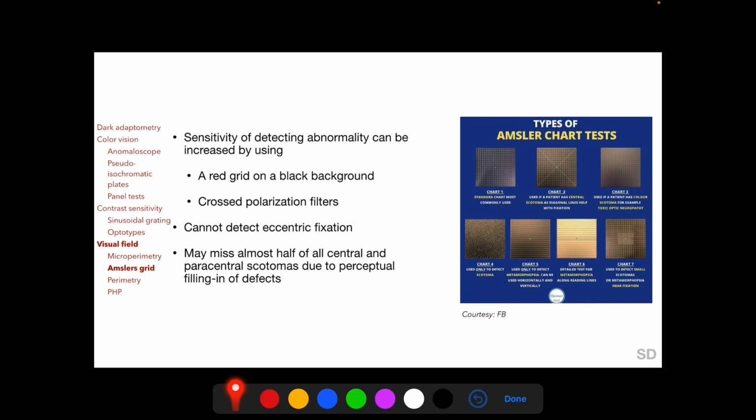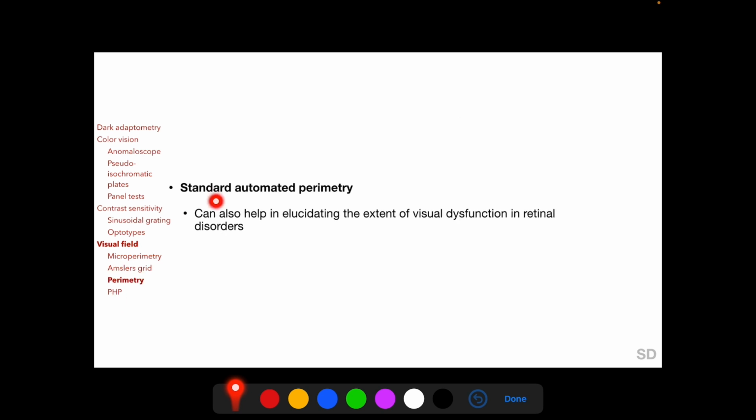Unlike microperimetry, Amsler's grid cannot detect eccentric fixation, and it has been found that Amsler's grid may miss almost half of all central and paracentral scotomas due to perceptual filling in of these defects, which does not occur with preferential hyperacuity perimetry. Standard automated perimetry, which we have discussed in the section on glaucoma, can also help in elucidating the extent of visual dysfunction in retinal disorders.